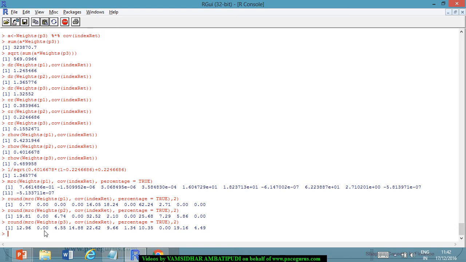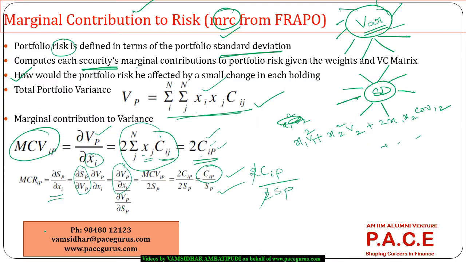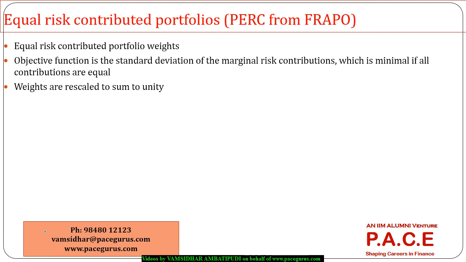So that's how all the three portfolios have contributed to the overall risk, which is something that MRC as a function is going to give me. But the most important thing now is an essential aspect: what if I really want all the sectors to contribute equally to the risk?